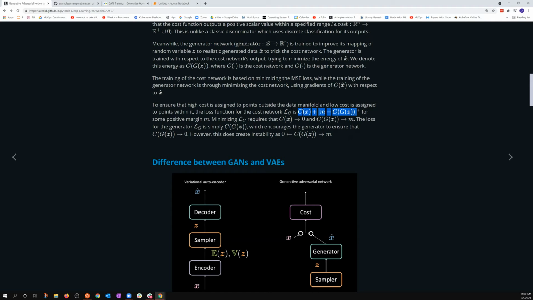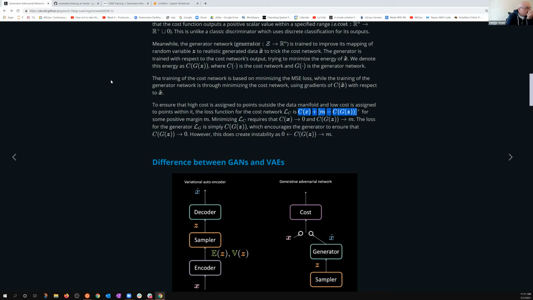When it becomes slightly more than M, then the scalar within the square brackets is negative, and since we are taking the positive part of that, that goes to 0. And C of X is anyway low, and that will be the lowest of the loss function. So in that sense, you want C of G of Z, the cost of the generator function, to approach M, therefore increase up to and slightly above M.